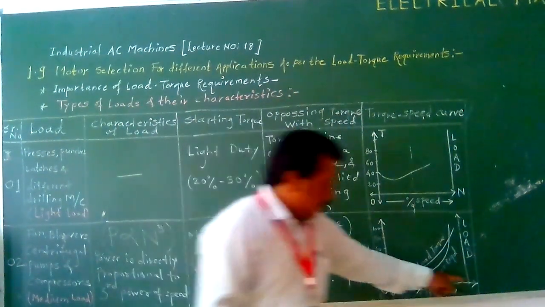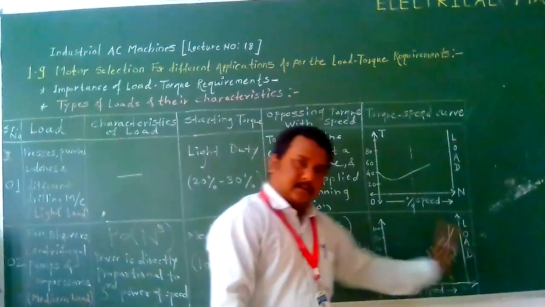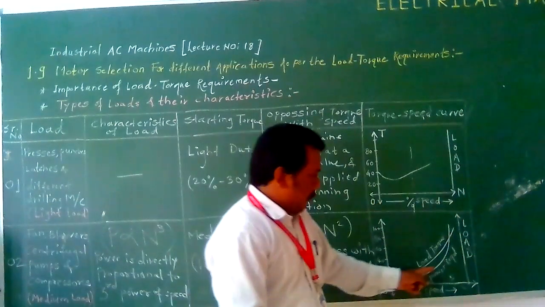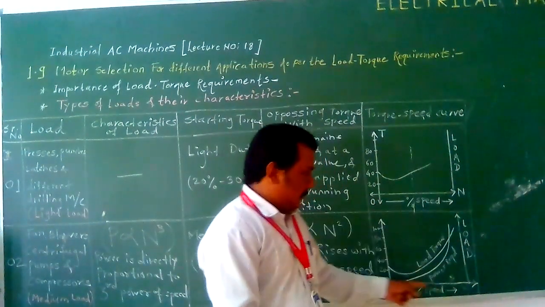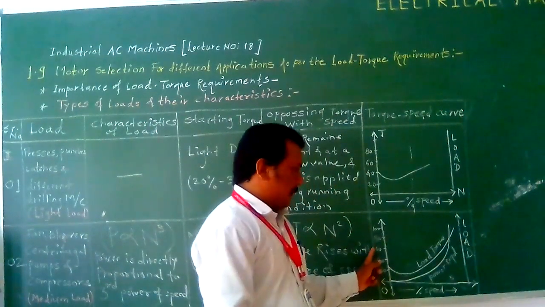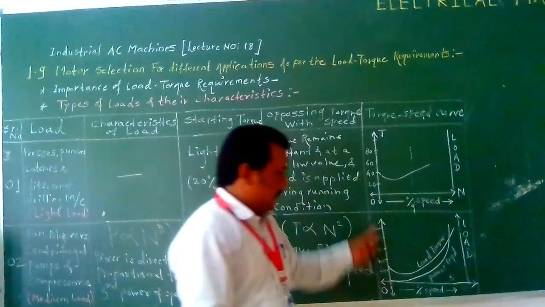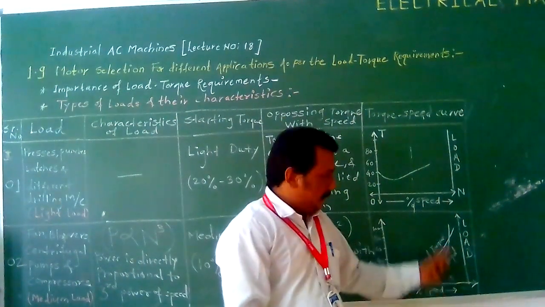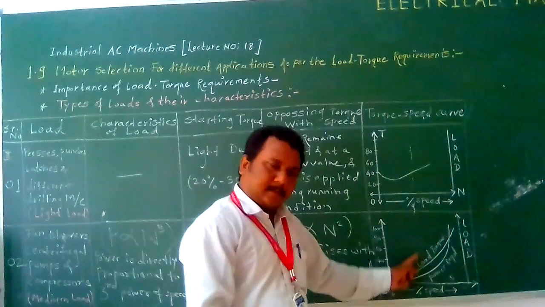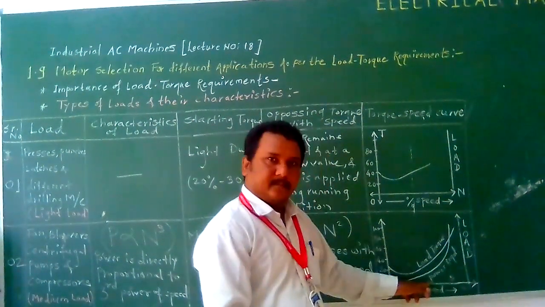Here the load curve shows that as the torque increases, load also increases, and speed also increases. This operation is performed rarely, or almost in this region, means high speed applications.